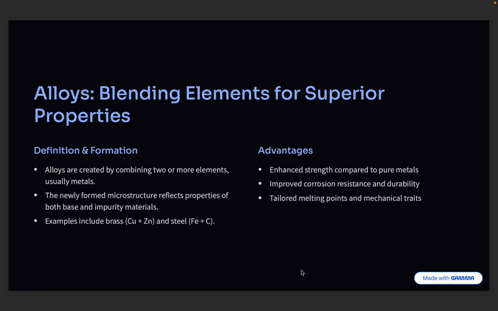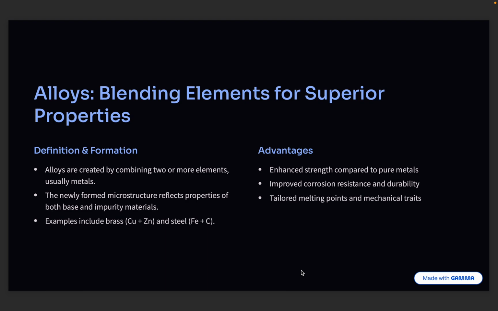So let's talk about alloys. Alloys are created by combining two or more elements, usually metals. Everyone knows that if we combine two metals, we can do it by casting, and mainly we combine them in the liquid state.